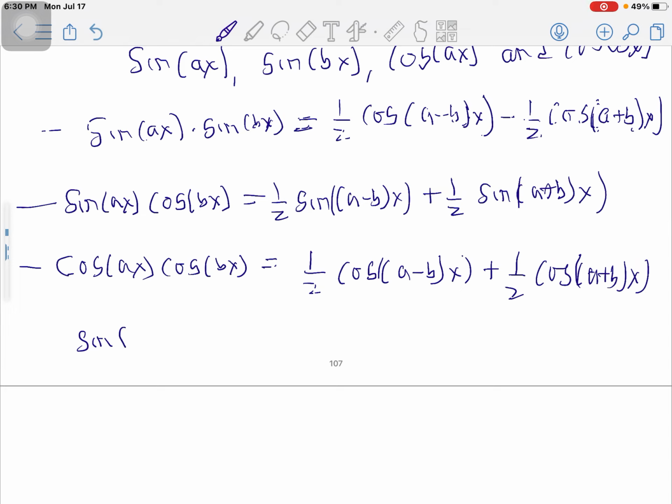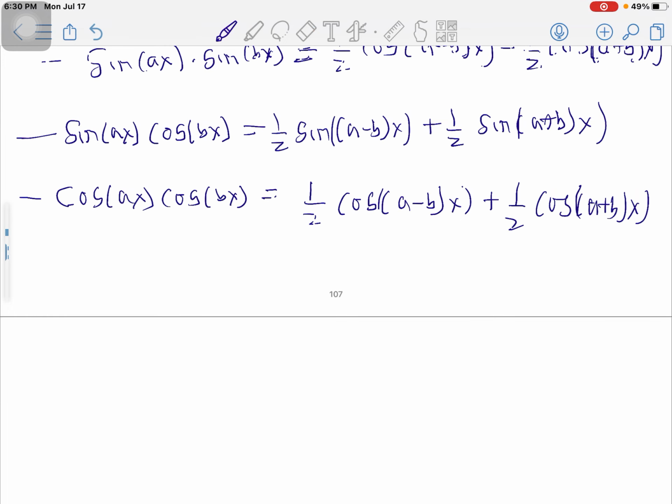So instead of writing x, let's write the identities as sine of a multiplied by sine of b, so that everything is as simple as possible. Or if we like, we can also keep them inside. I don't want the x to confuse. It's just there.